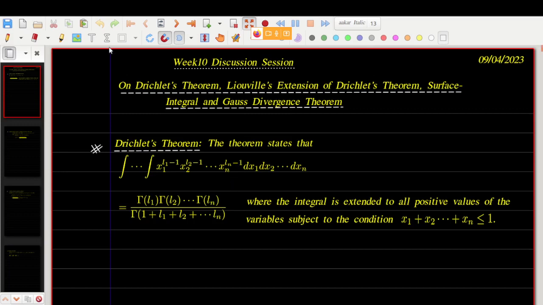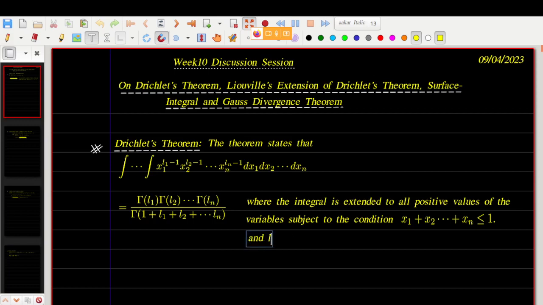The integral is extended to all positive values of the variables, that is x1, x2, xn are all positive and they satisfy this condition. And I should also write what the li's are.